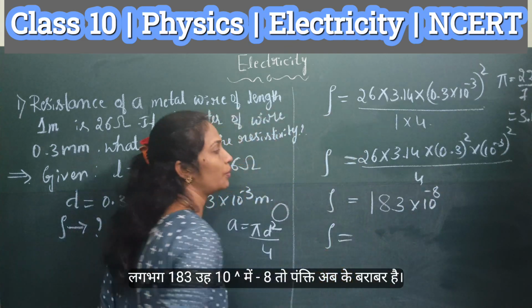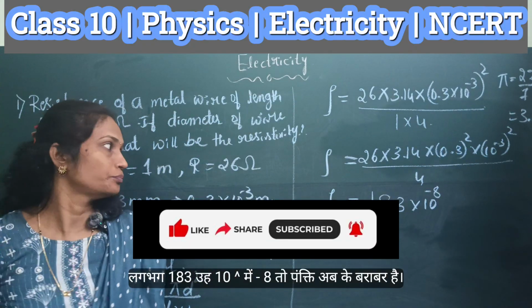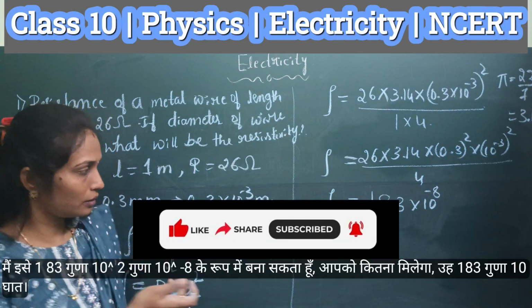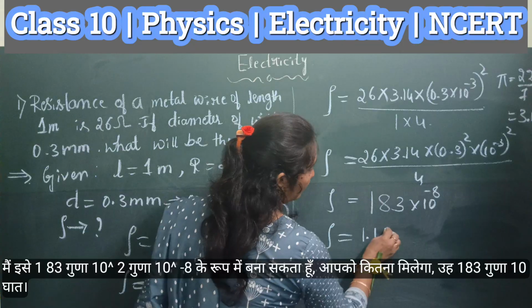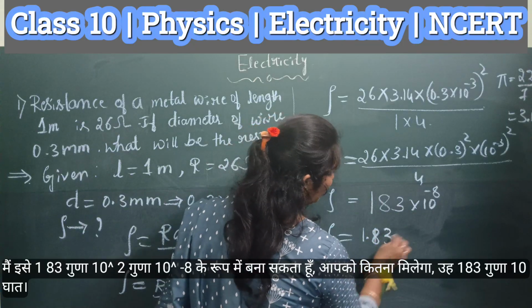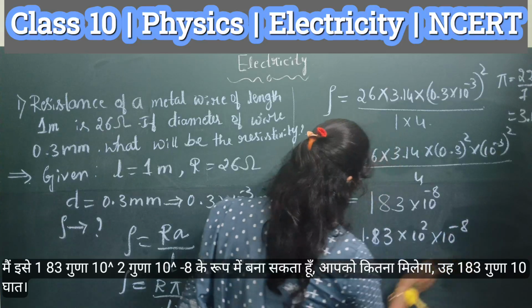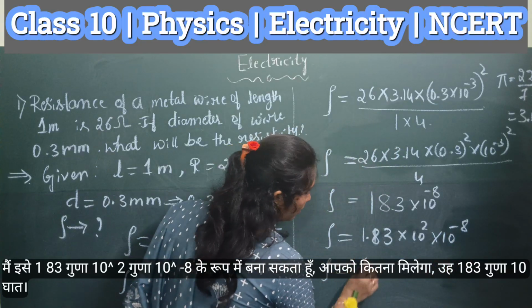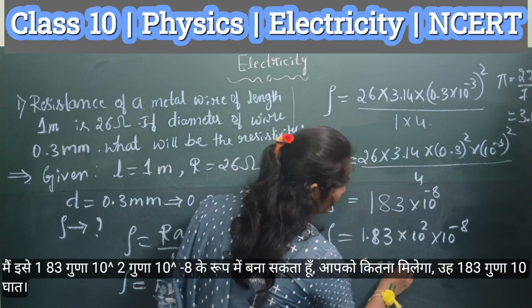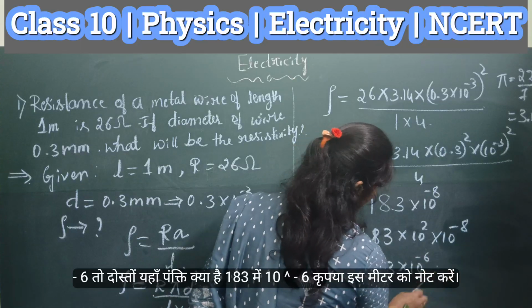So rho is equal to, tell me. Now I can make it as 1.83 into 10 to the power of 2 into 10 to the power of minus 8. How much will you get? 1.83 into 10 to the power of minus 6.